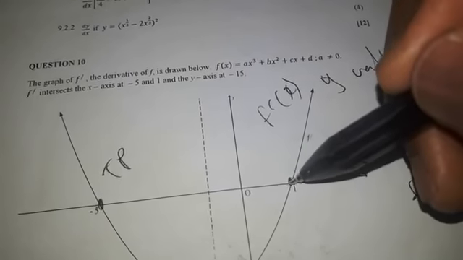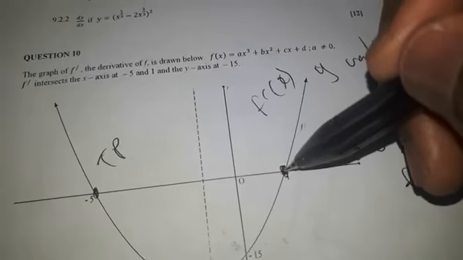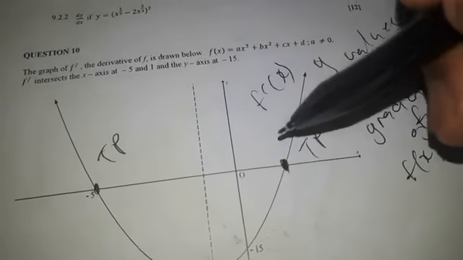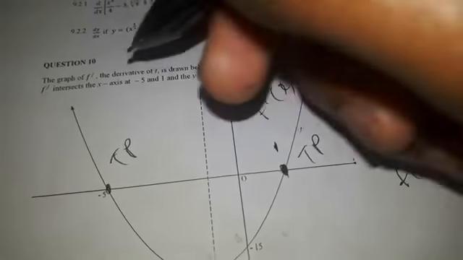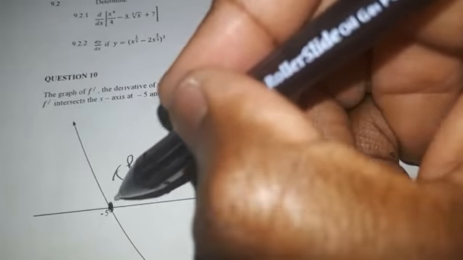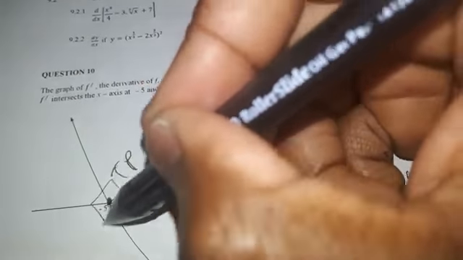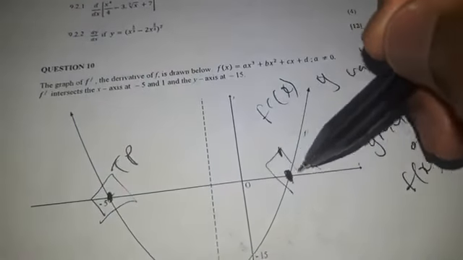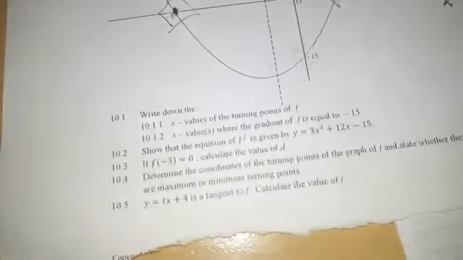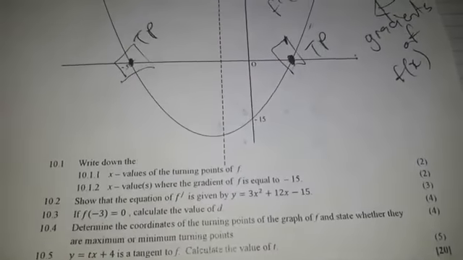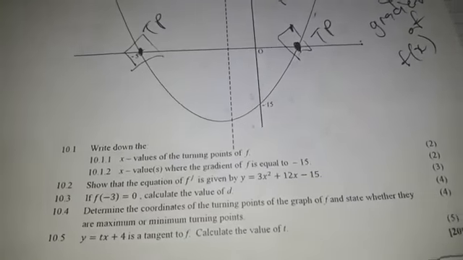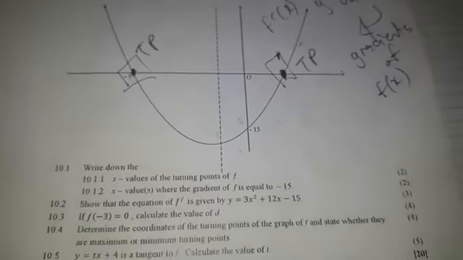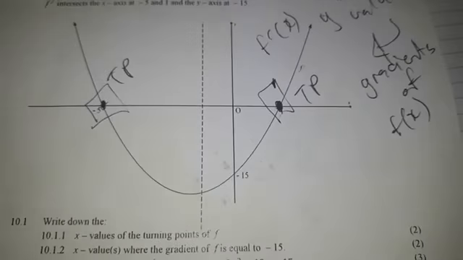If the y value is 0, it means the gradient of the original graph is 0 where x is 1. If the y value here is 0, the gradient is 0 where the x value is negative 5. If you need to go through more of that, you can go through the cubic functions playlist. There's a tutorial there on first derivatives and derivatives of graphs.